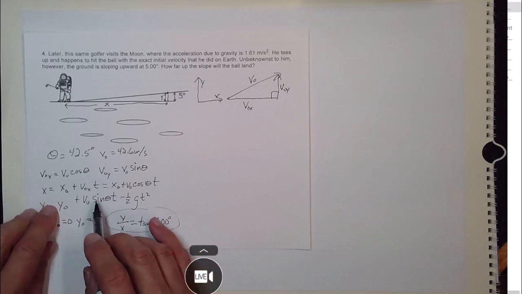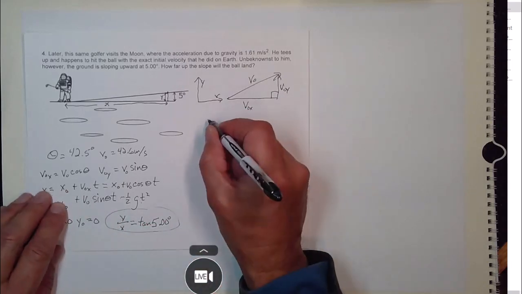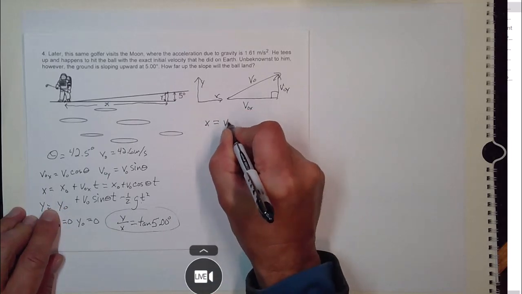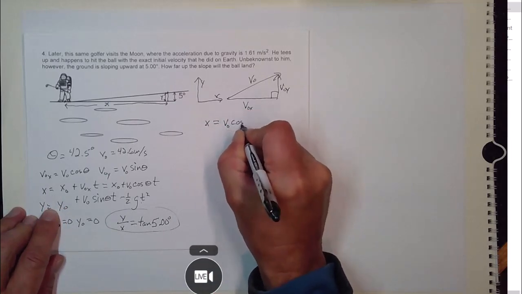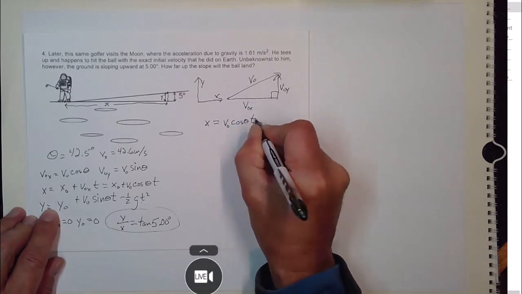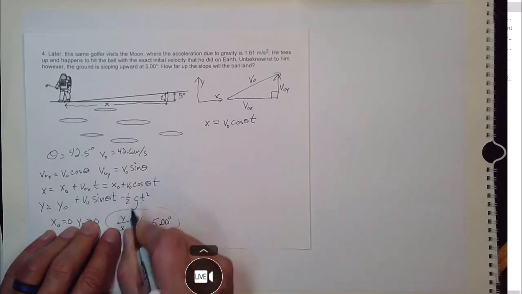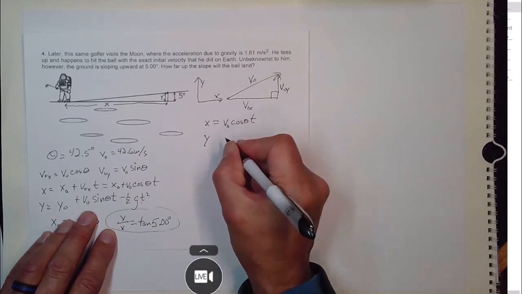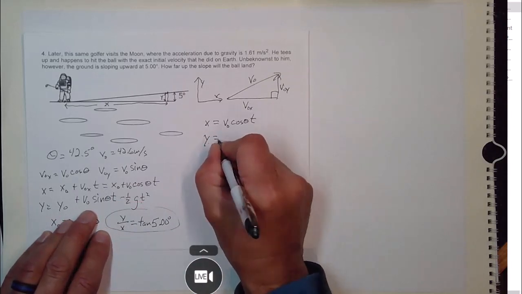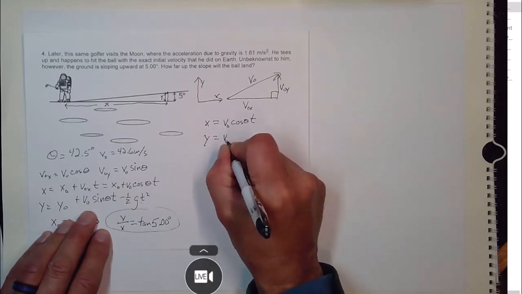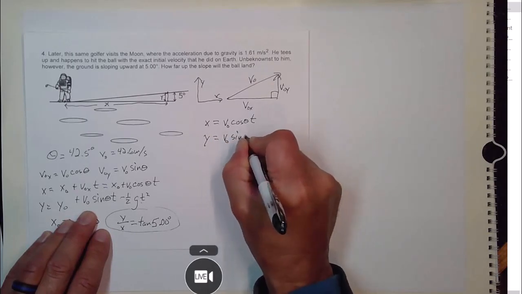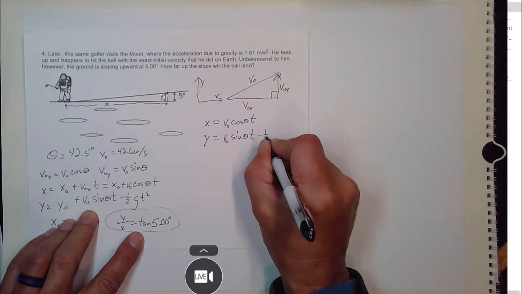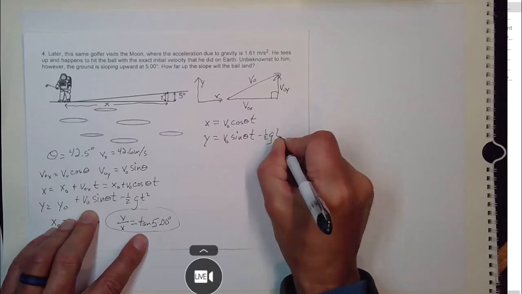And my x and y equations, I'll rewrite them here. X is just going to equal v naught cos theta times t, because x naught is 0. Y will be a bit more complicated. It'll be v naught sine theta times t minus 1/2 g t squared.